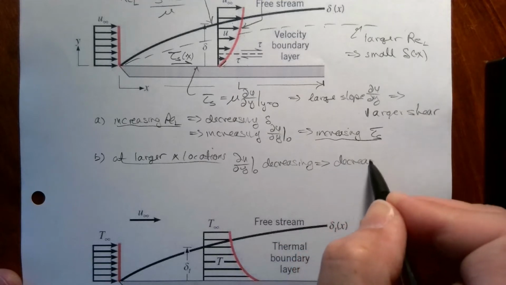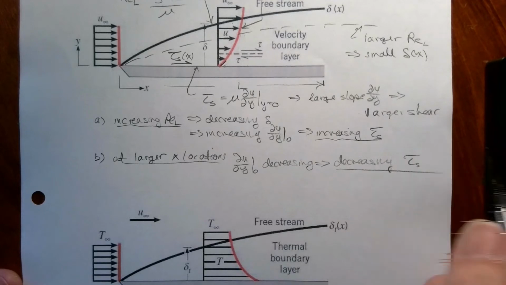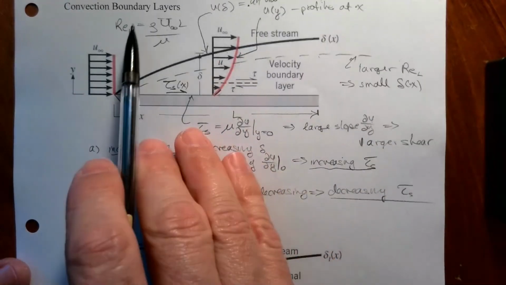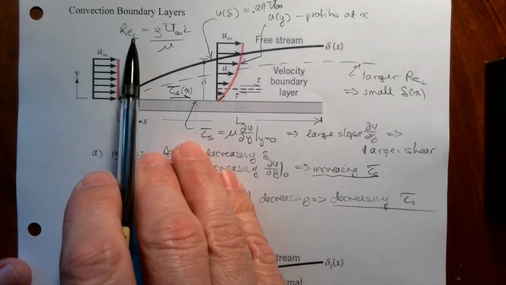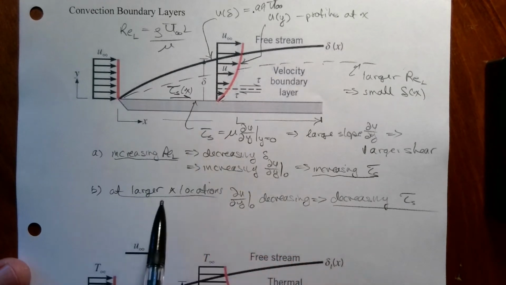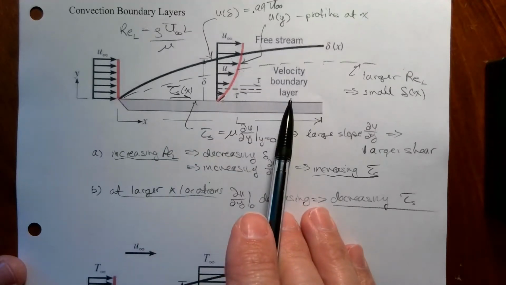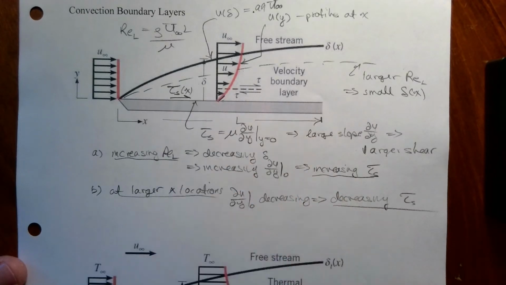So that's going to imply a decreasing shear. So as the boundary layer shrinks, because the Reynolds number is increasing, the shear is going to increase. But still, as you move from the leading edge this way, the shear stress is going to be decreasing because of an increasing boundary layer. The boundary layer grows as you move down the plate.